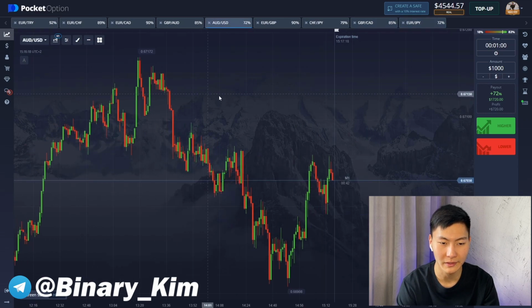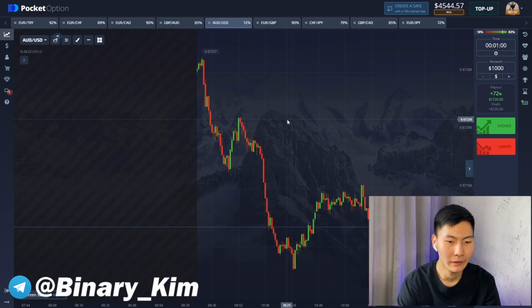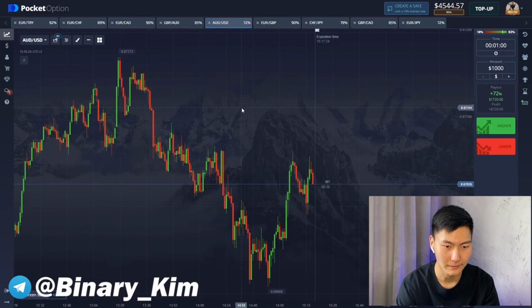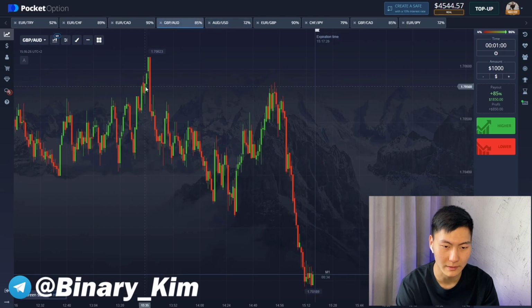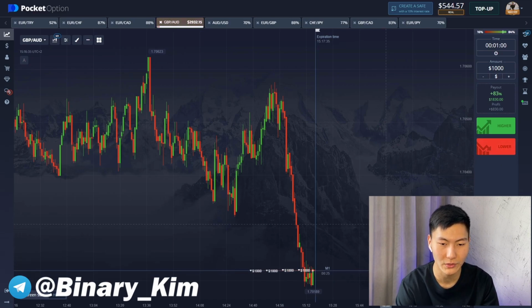Let's continue analyzing. I guess this is more upward trend. Let's open for short position here. Actually, I believe the price has to go lower.